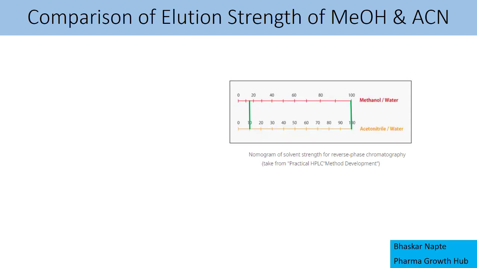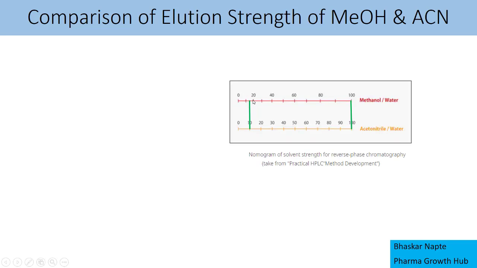Let us understand now the strength of these two important organic solvents. Comparison of elution strength of methanol and ACN. Now this is the nomogram of solvent strength for reverse phase chromatography. If you look at the initial phase of the strength, I have just drawn a green line for 10 parts of ACN to water.